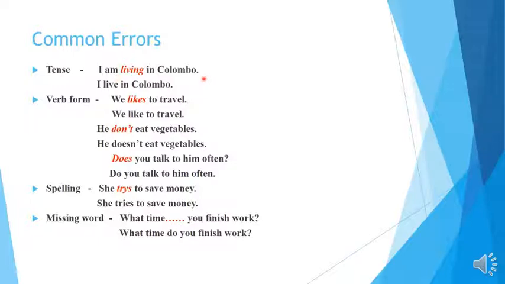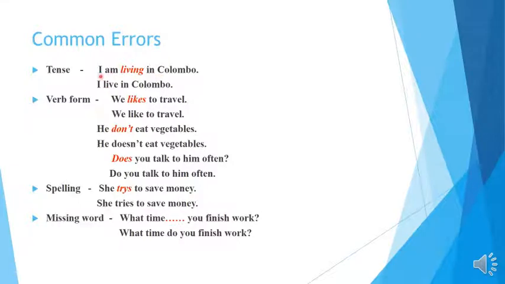If this is the place where you permanently live, then you can't use present continuous, you have to use simple present. So if this is your permanent place of living, then you have to use simple present. So it should be, I live in Colombo, not I am living in Colombo.